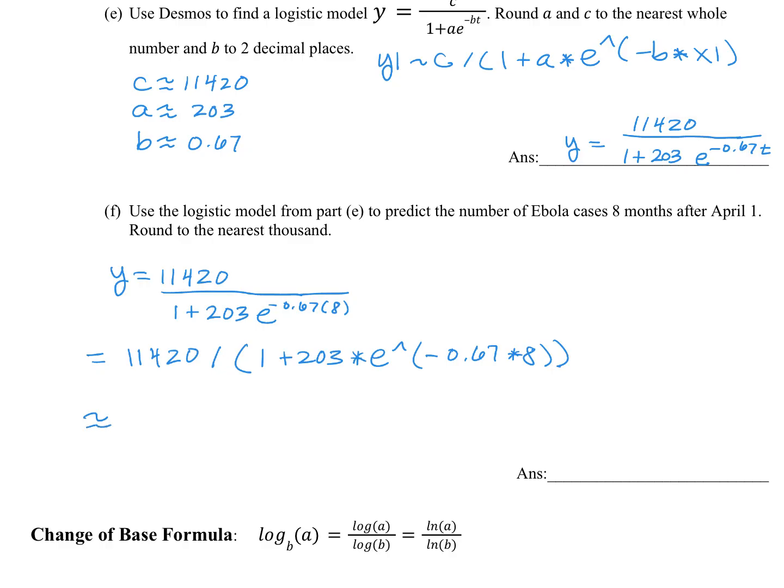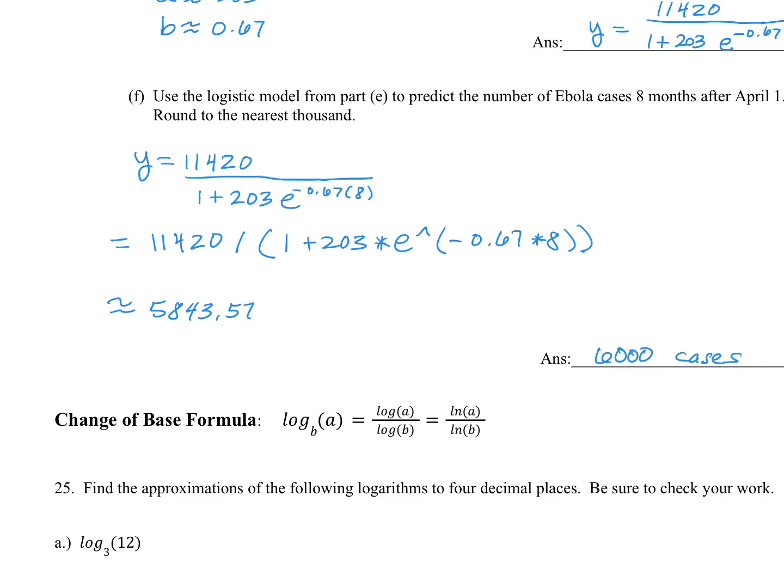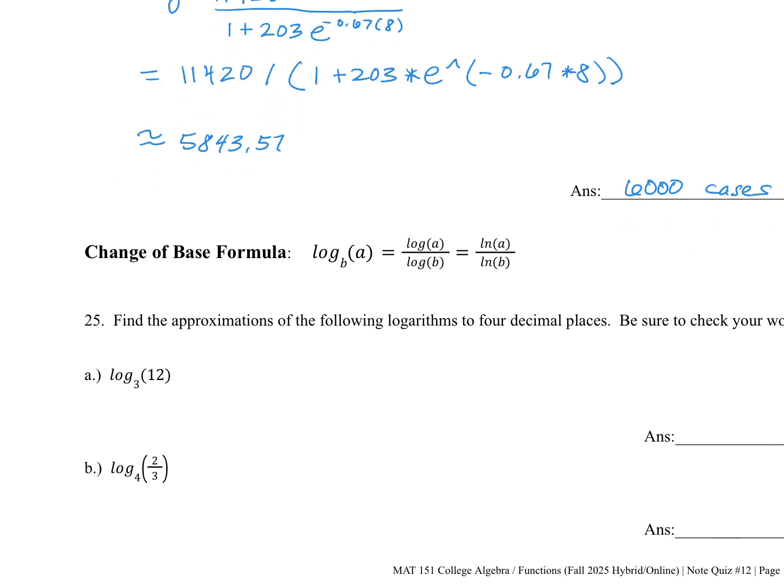And when you type that in, you will get 5,843.57 cases, which rounds to 6,000 cases. And what's really helpful with this model is it tapers off. If you graph this in Desmos, you will see that the number of cases will taper off over time, which makes sense because diseases cannot exceed the population.